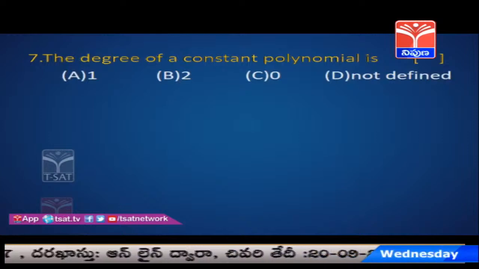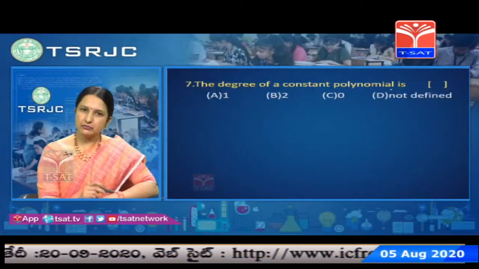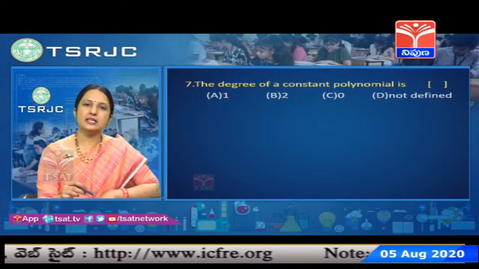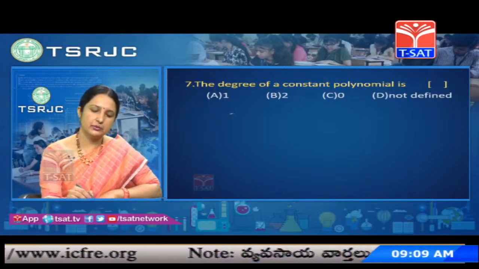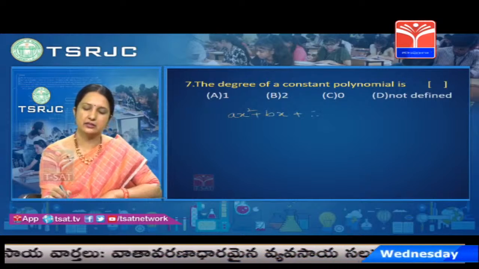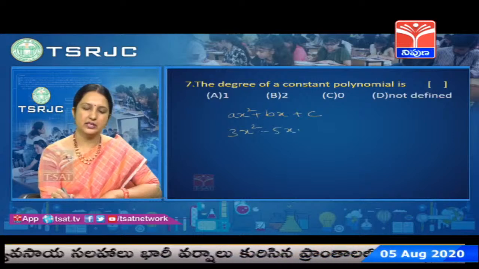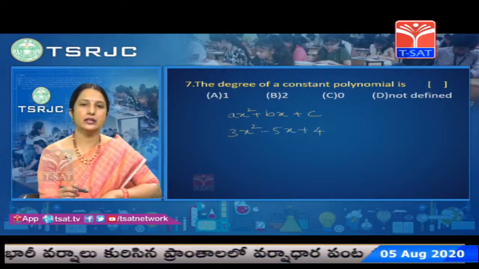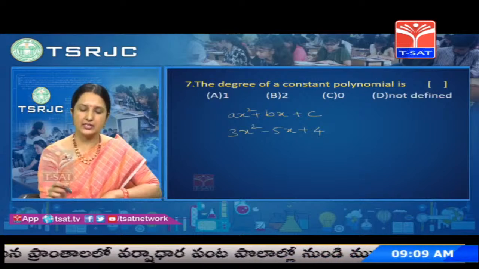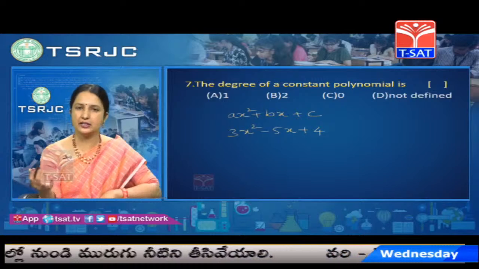The next, seventh question. The degree of a constant polynomial is. See, the polynomial contains terms. Suppose you take ax square plus bx plus c, like 3x square minus 5x plus 4. Polynomial contains one term or two terms or three terms or any number of terms.